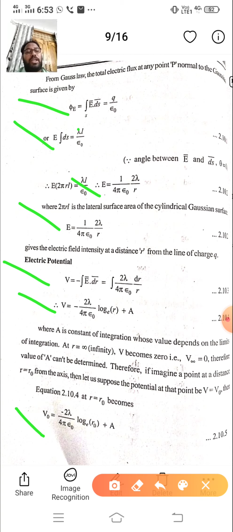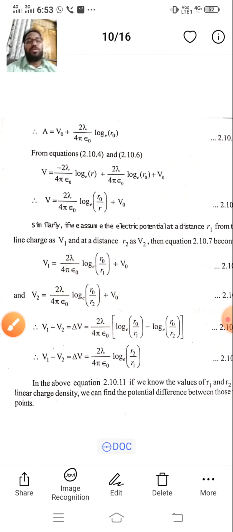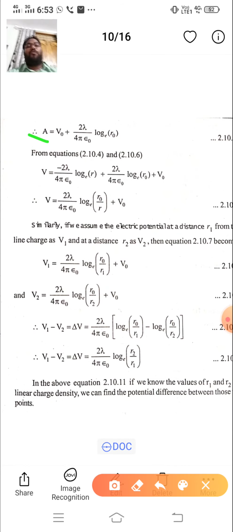So V naught equals minus 2 lambda by 4 pi epsilon naught into log to the base e R naught plus A. From this, A equals V naught plus 2 lambda by 4 pi epsilon into log to the base e R naught. Substituting in V, we get V equals 2 lambda by 4 pi epsilon into log to the base e R naught by R plus V naught.